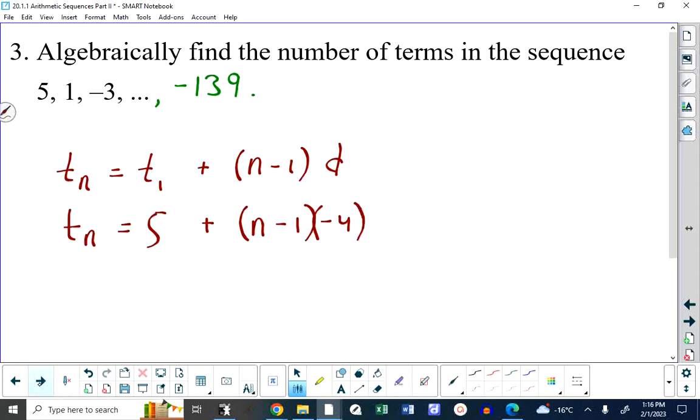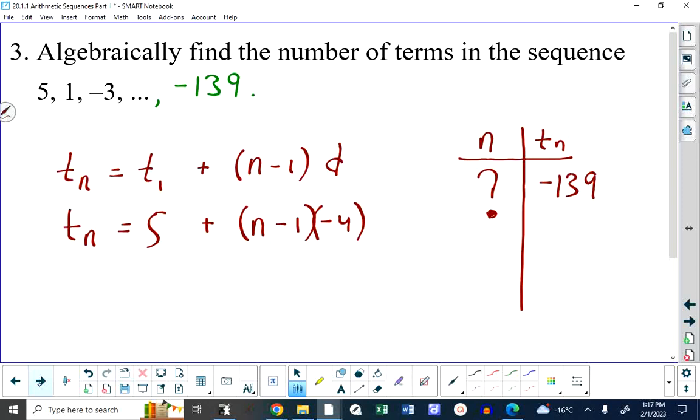What this question is ultimately after is the answer to this tabular question. What value of n gives us negative 139? But again, I would prefer if you simplify the equation first before you put in the value of Tn.